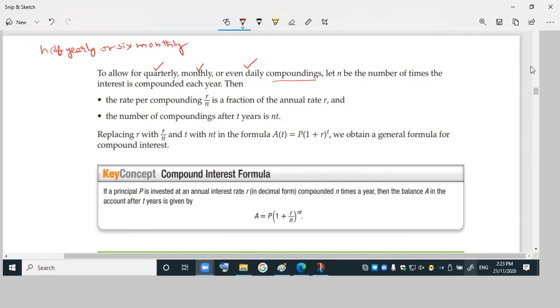In 6 monthly, if we see that 1000 rupees we have borrowed at 10%, 6 monthly means in a year it will be compounded 2 times.